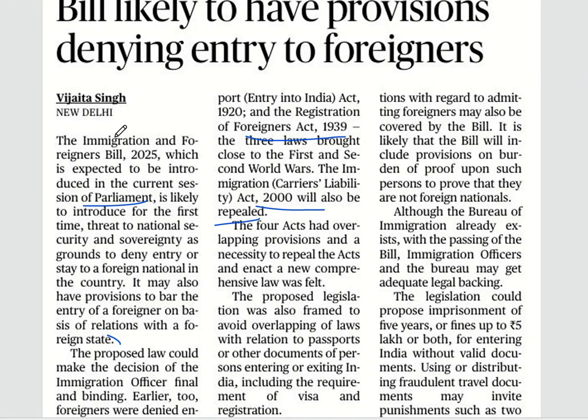Because this is also a security challenge. This bill is expected to be introduced in the current session.